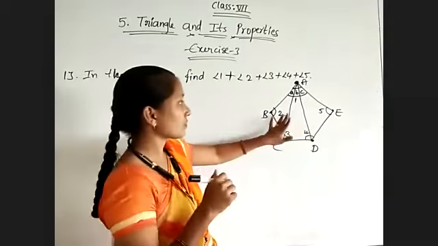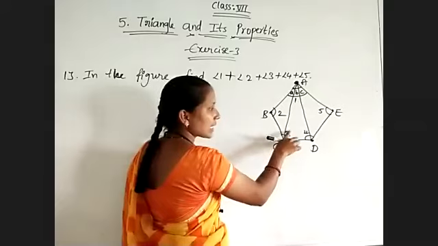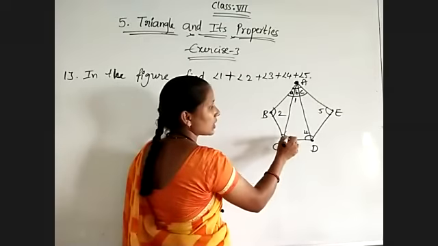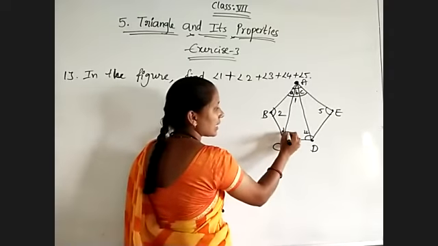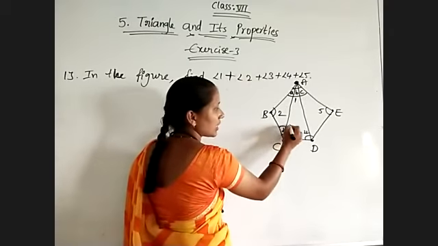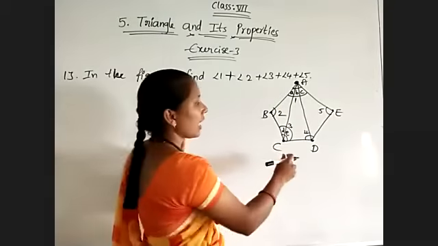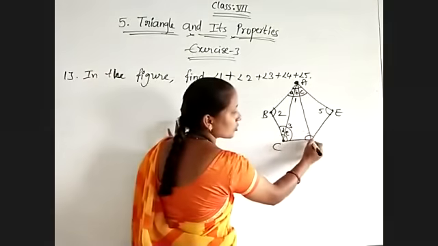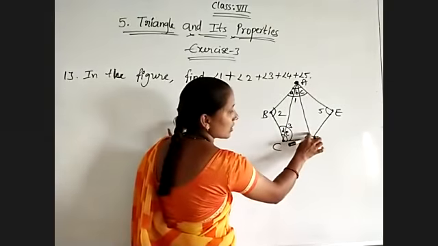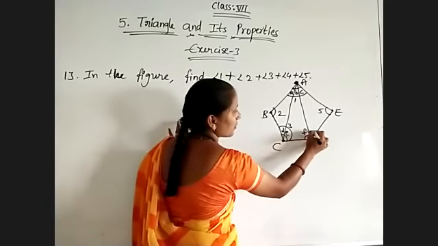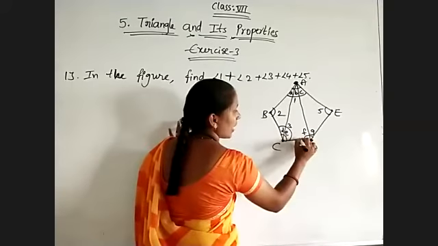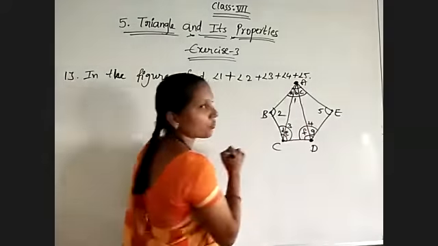Next, angle 3 is divided into 2 parts, so for them I am taking angle d and angle e. So completely this is angle 3. And angle 4 is also divided into 2 parts, these 2 parts. So I am taking them as f and g, and the sum of those 2 angles is equal to angle 4.